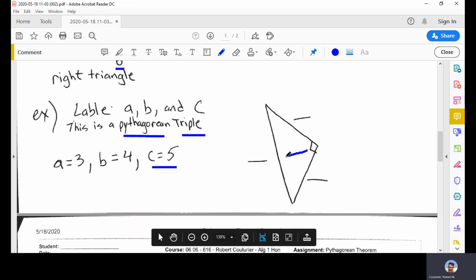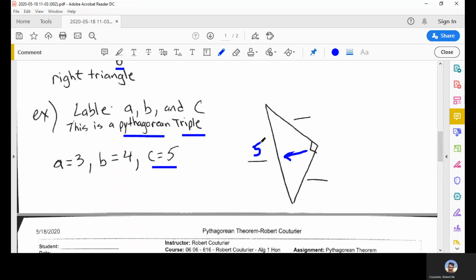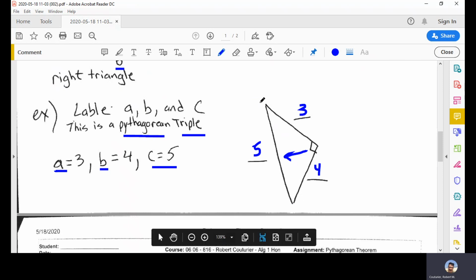C is always opposite the 90-degree angle, so C is 5. And A and B are the legs, so we have a 3 and a 4. Notice the longest side is opposite the 90-degree angle. This is C. Now, is it a Pythagorean triple? Well, I don't know that.